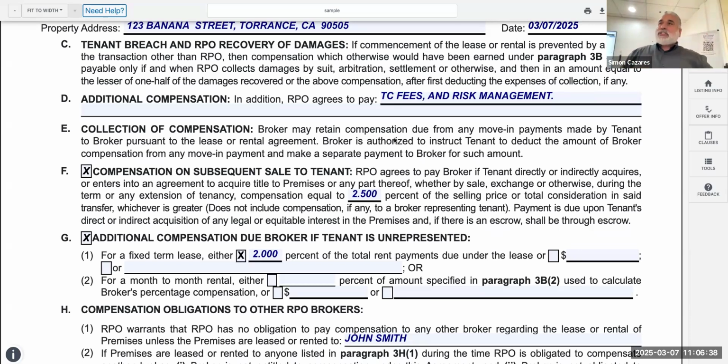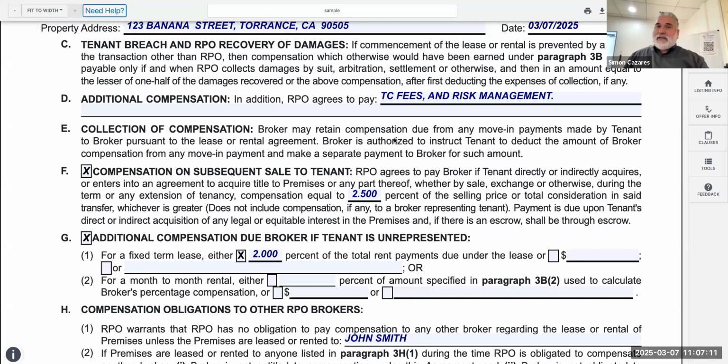I still incur additional fees. My fee of 3% is for the services that I perform. The additional fees are my TC, a transaction coordinator who handles all of my paperwork to be in compliance, and I also have to pay risk management to protect you, the company, and myself. There's an additional fee for risk management. So I'm asking you as the landlord to compensate me for these additional costs.